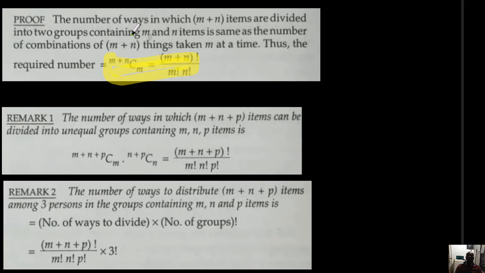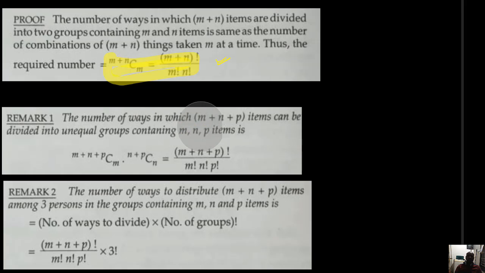Okay, students. So we can extend this. The number of ways in which m plus n plus p items can be divided into unequal groups containing m things, n things, p things. Then what I can say? (m plus n plus p) C m into (n plus p) C n, or directly I can say that (m plus n plus p) factorial by m factorial into n factorial into p factorial.